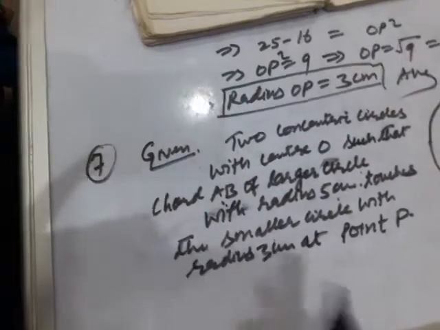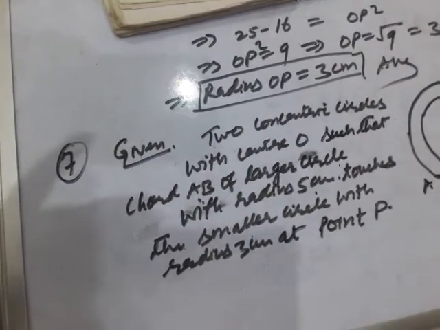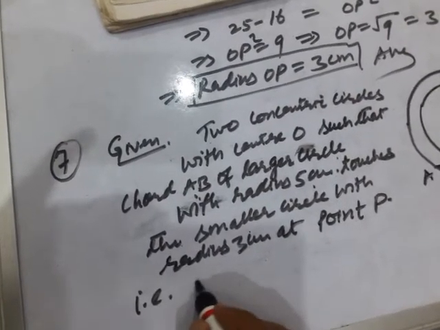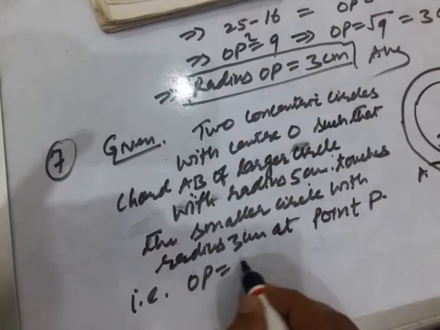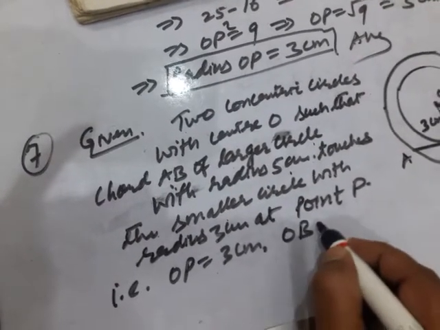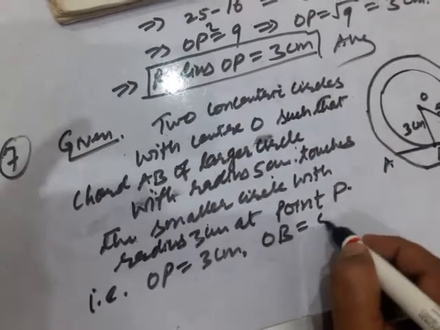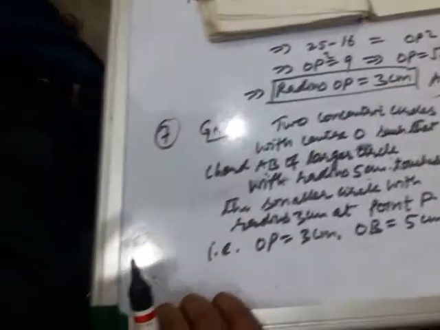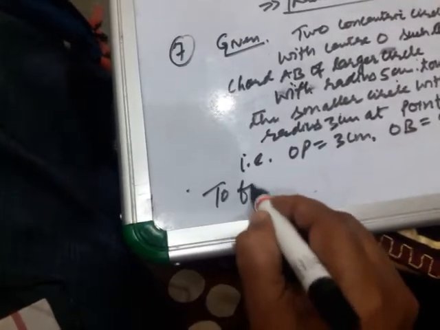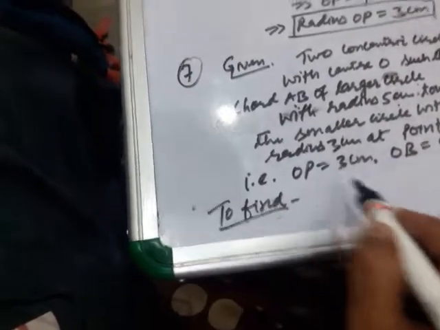Okay children, what else is there? You can write in short: OP = 3 centimeter and OB = 5 centimeter. Now what do we have to find out?